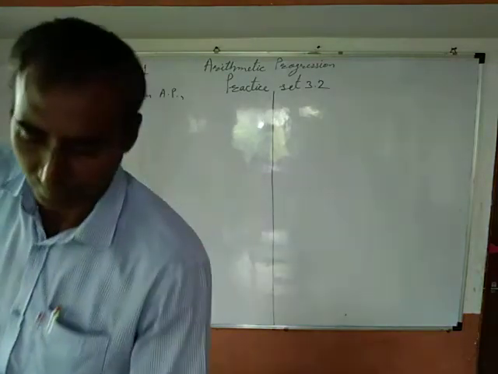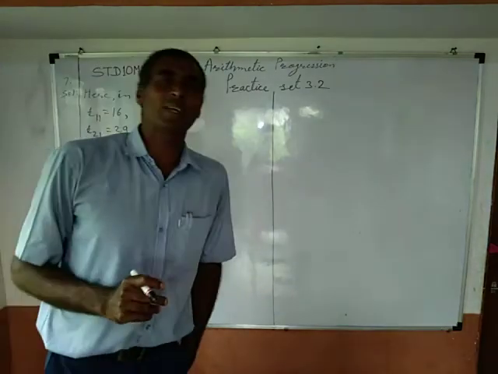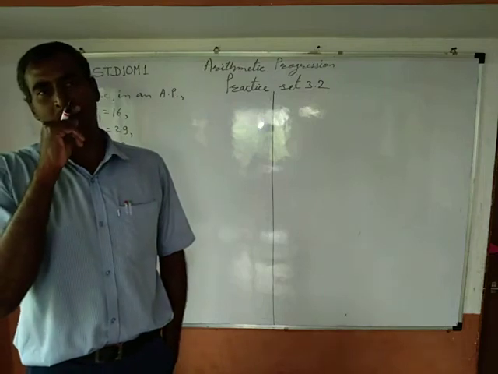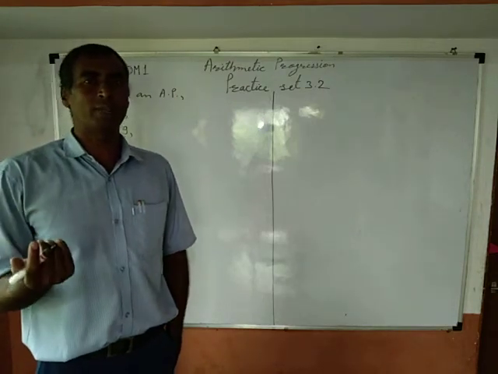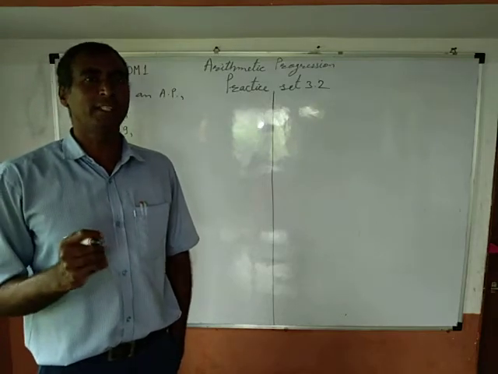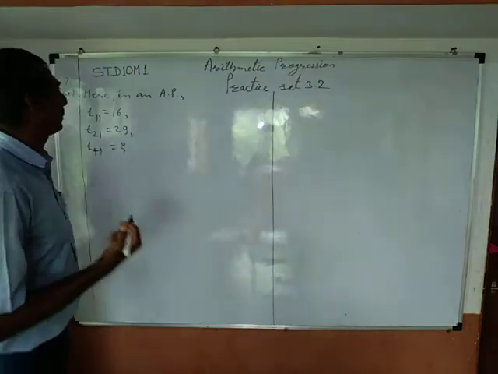Okay. Now we have a formula: Tn equals A plus (n minus 1) into D. Using this formula, if we know the value of A and the value of D, we can find any term according to n.